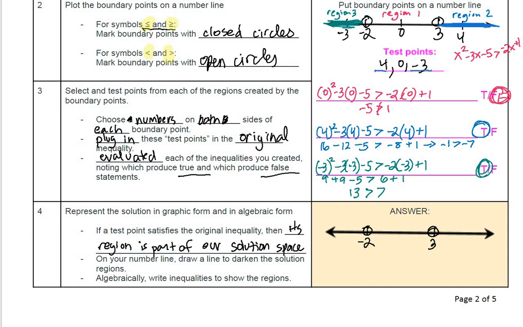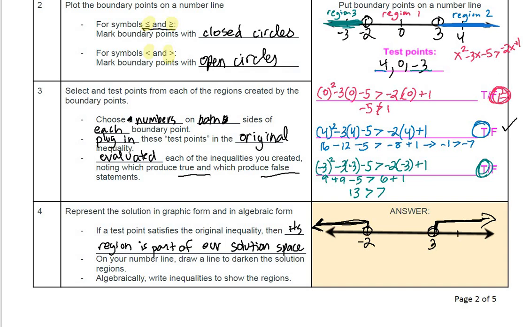So on our number line, we're going to darken the areas where we found there to be truth. 4 was true, so everything in 4's region is true. Negative 3 was true, so everything in negative 3's region is true. And 0 was not true, so nothing in 0's region is true.